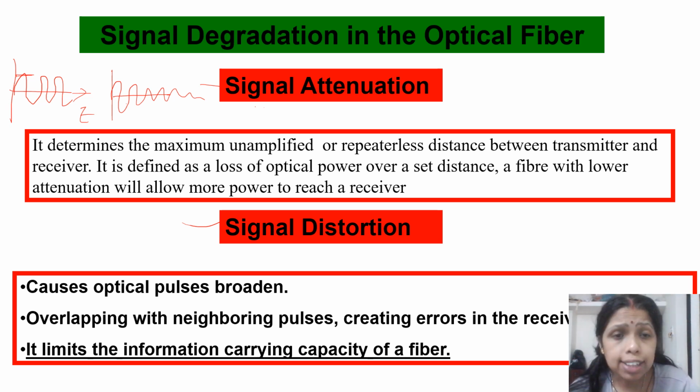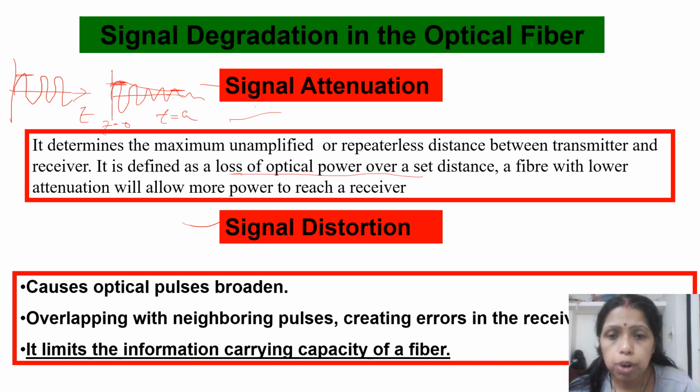Suppose this is z equal to 0. At this moment you can see this amplitude, and here suppose z is equal to a. At this moment you can see the amplitude has decreased, and normally it decreases exponentially. So this is the signal attenuation, right?